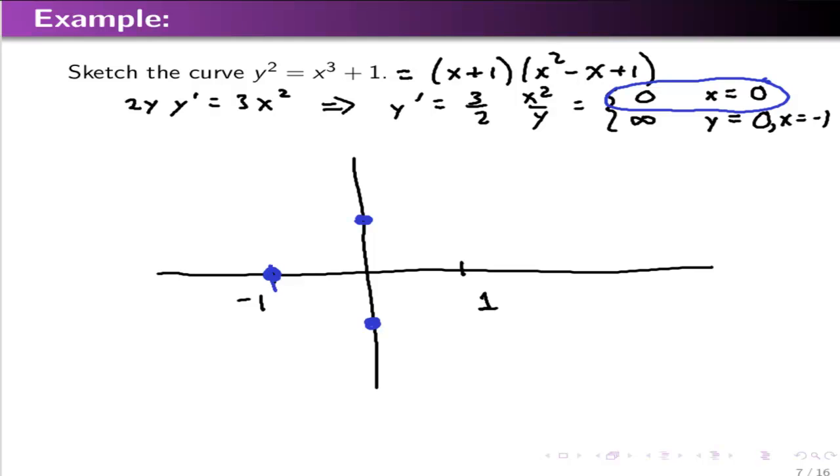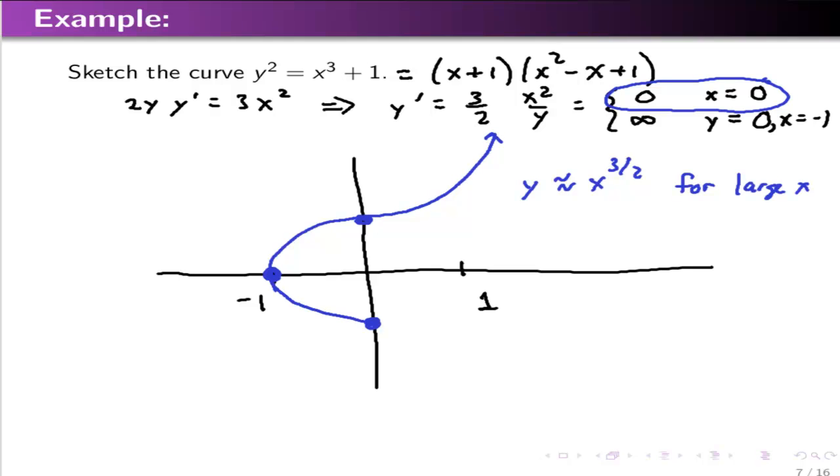So it's vertical tangent here, flattens out, and then when x gets large, y again is roughly x to the 3/2 for large x. So it's going to just come up, and what did we say when x is 1? Well, it's not even anything special. Kind of goes up like that. Nice and symmetric about the x-axis. And we just get a single component.